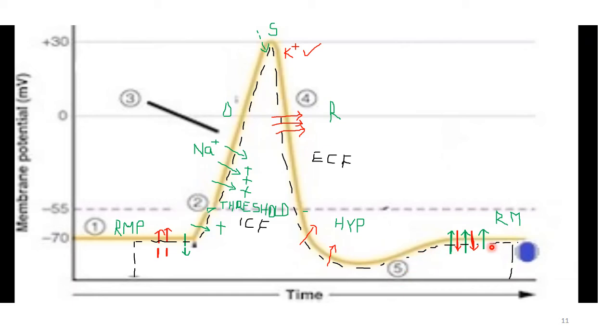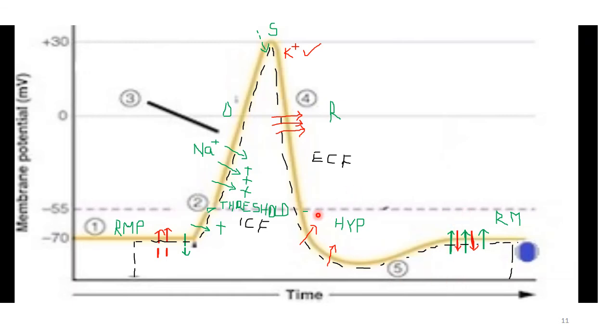After phase 5 comes again phase 1, the resting membrane potential. This gradient of the difference in concentration of potassium and sodium ions is achieved by the sodium potassium ATPase pump. The pump is very important here. It allows 3 sodium ions outside and 2 potassium cations inside.